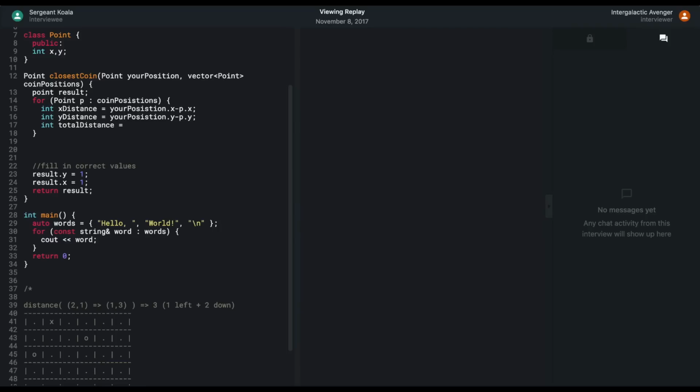I think that's pretty much the algorithm that we talked about in terms of calculating the distance.